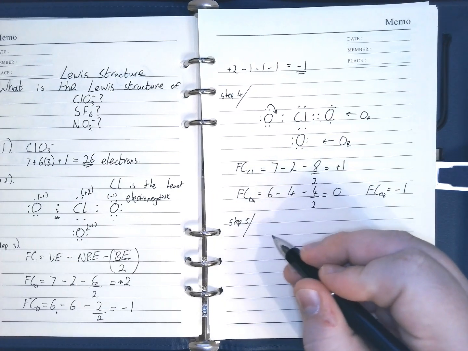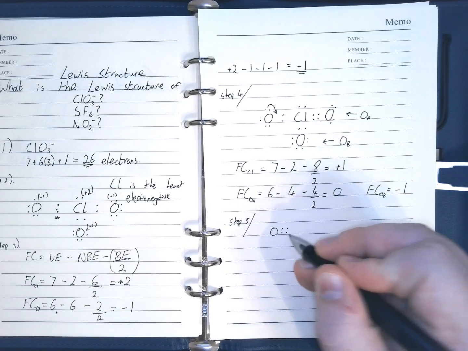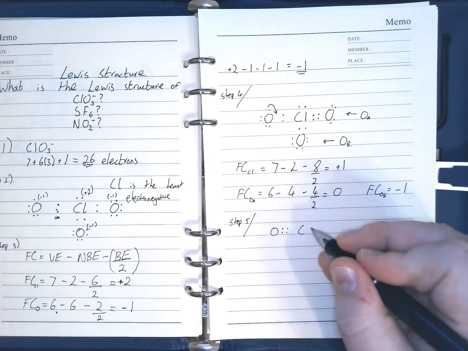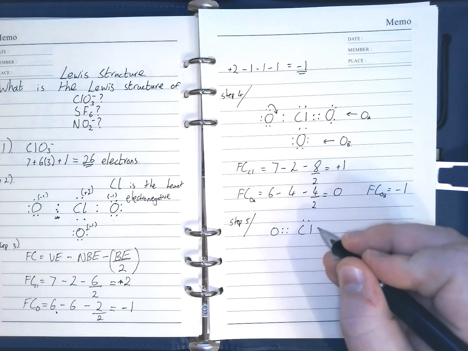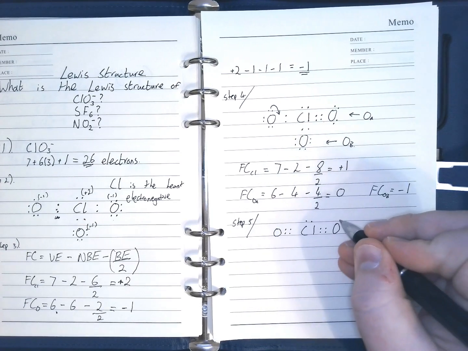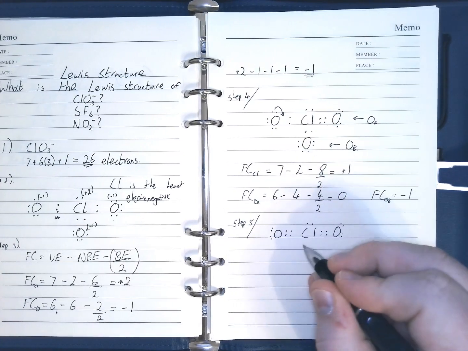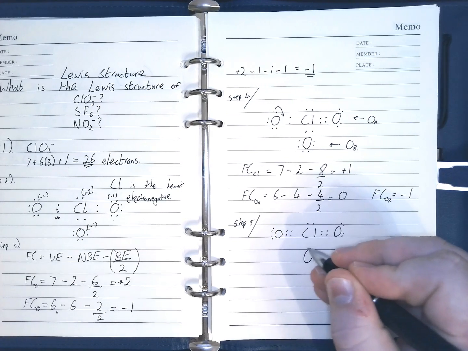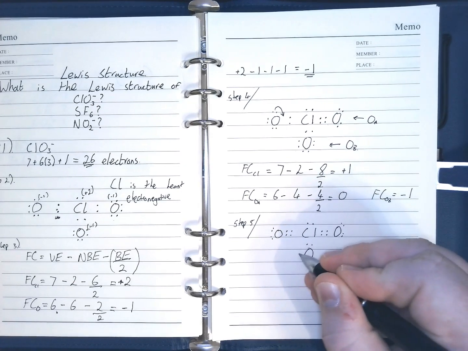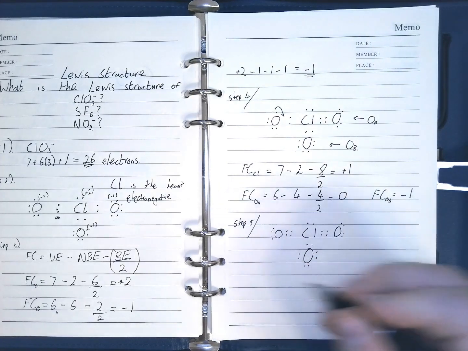This is going to be oxygen, and we're going to have 2 double bonded oxygens to our chlorine. 1, 2, 3, 4, oxygen, and we have 1, 2, 3, 4, and we have an oxygen down here, and this one is single bonded. Remember, this is an OB, as I call it.